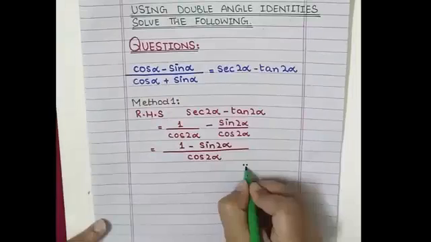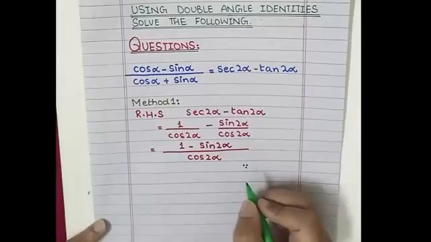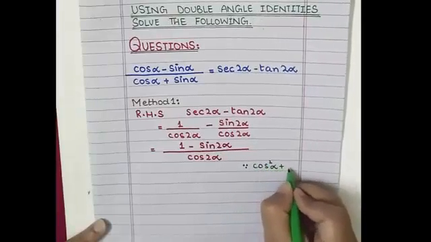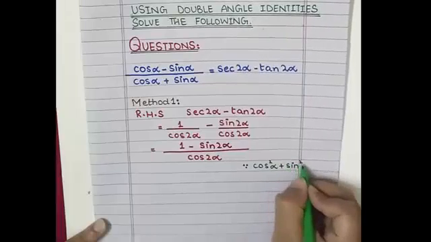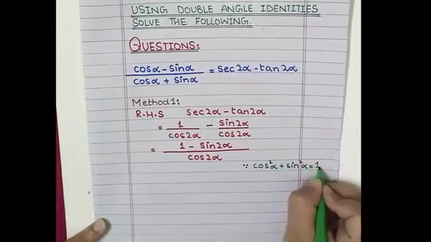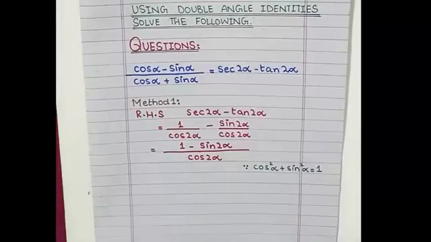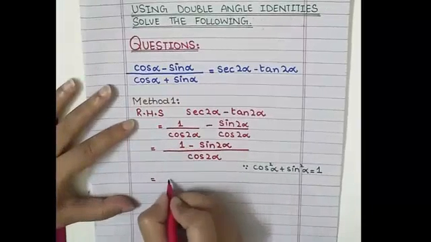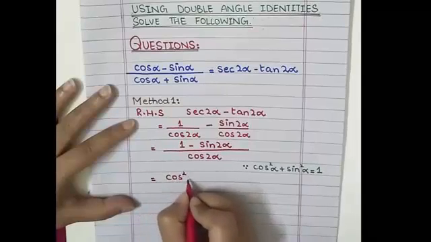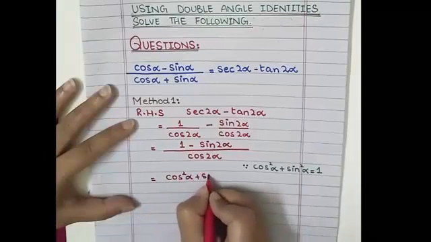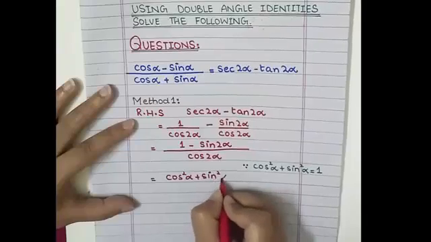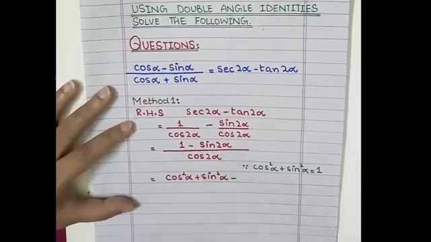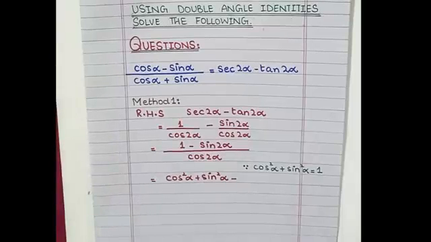Now we know that using the fundamental identity of trigonometry, cos square alpha plus sin square alpha is equal to 1. So here we have 1. Can we write it as cos square alpha plus sin square alpha, minus sin 2 alpha.